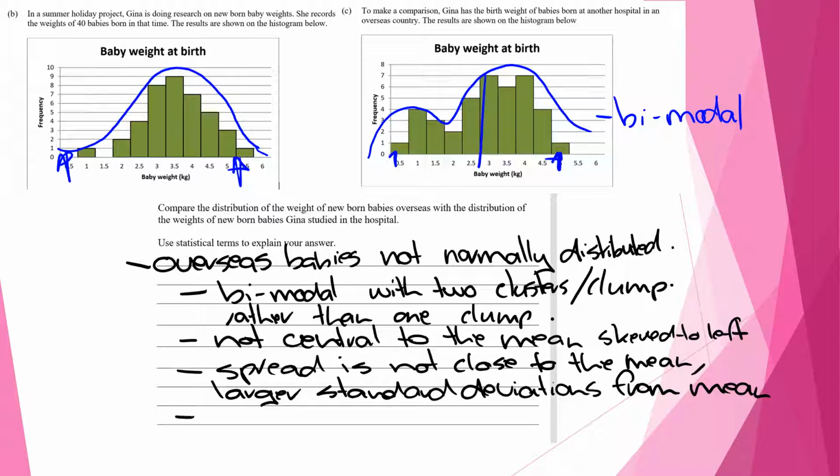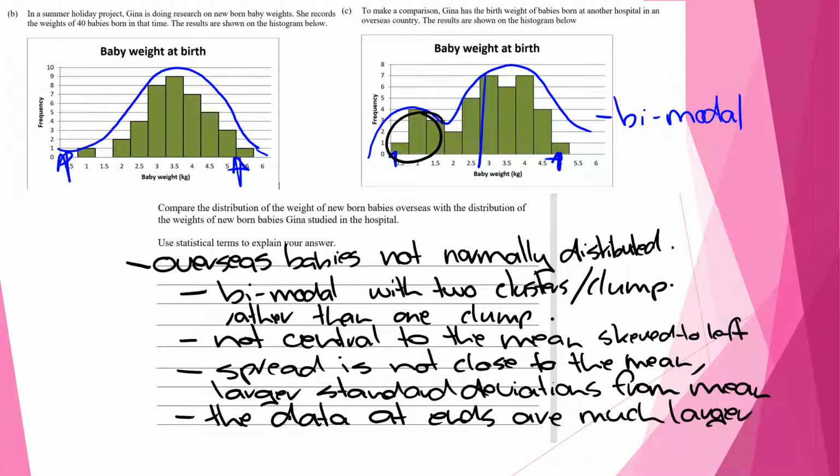Perhaps we could say that the data at the ends are quite large, especially at this end down here, the left end, much higher, much larger. So not petering off, not getting smaller at the ends.